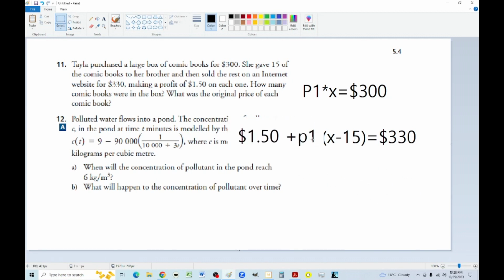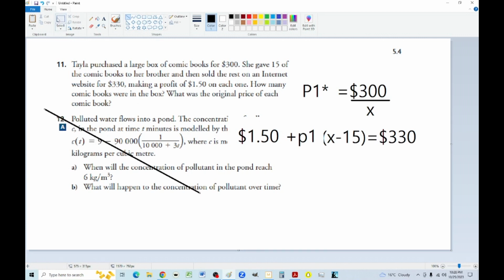Which means I have 2 unknowns, X and price 1, and two equations. So up here, this is good. We can also replace price 1, which we know is equal to 300 divided by X. Right, like that. So now everywhere I see price 1 down here, I can replace it with that.